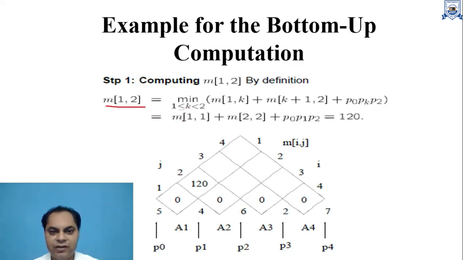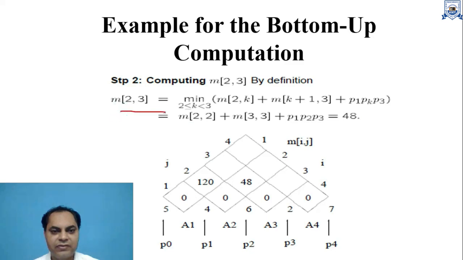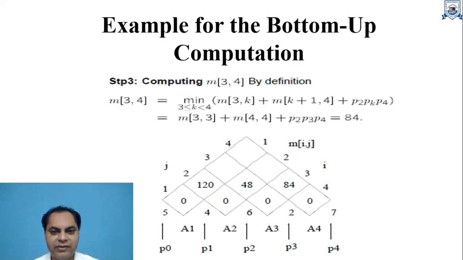So it is m11 plus m22 plus p0 p1 p2, and the number of multiplications would be 120. There is no choice for a size 2 matrix, so the solution would be 120. Similarly, solving m23 gives 48, and m34 gives 84.